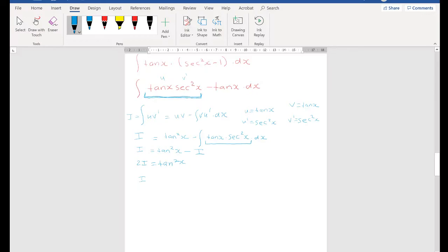So one I is equal to a half tan squared x. And what do you know? Works out nicely.